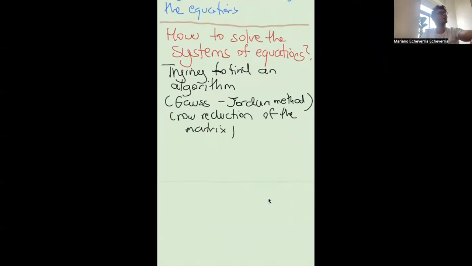So here's the thing, the issue is that you have to decide what are the operations that you're allowed to do. The point of this method is to choose a very simple set of operations.